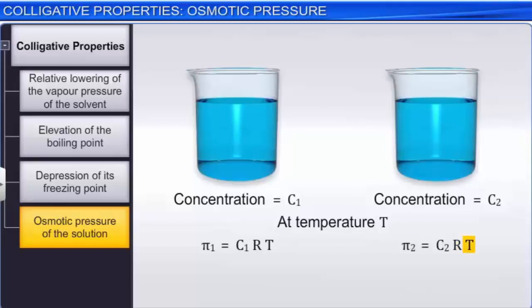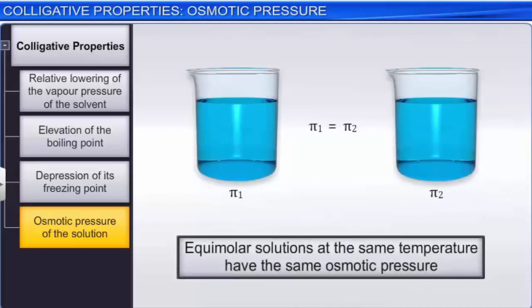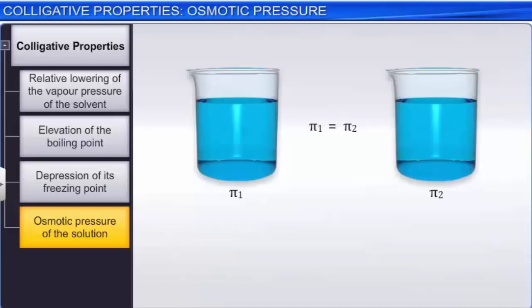Now, if the solutions have the same concentrations, that is, if C1 is equal to C2, then pi1 becomes equal to pi2. It means that equimolar solutions at the same temperature have the same osmotic pressure. Such solutions with the same osmotic pressure at a given temperature are called isotonic solutions.